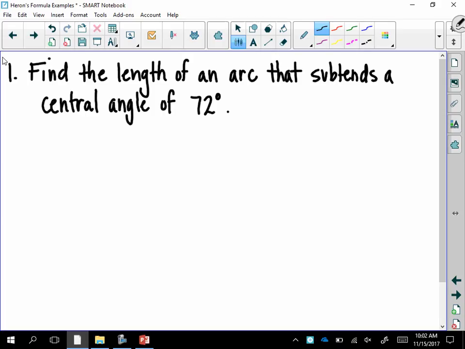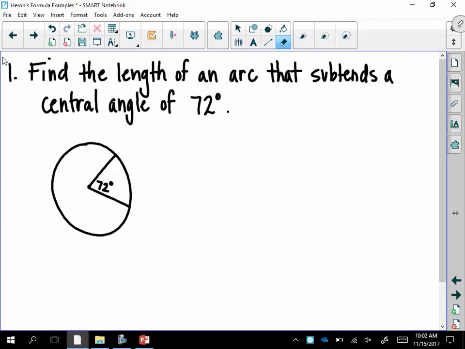So that just means that we have a circle and there's a central angle. That's an angle whose vertex is at the center of the circle. That angle measure is 72 degrees. Maybe give you some more information.